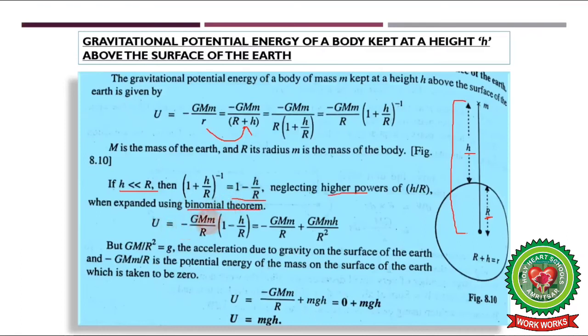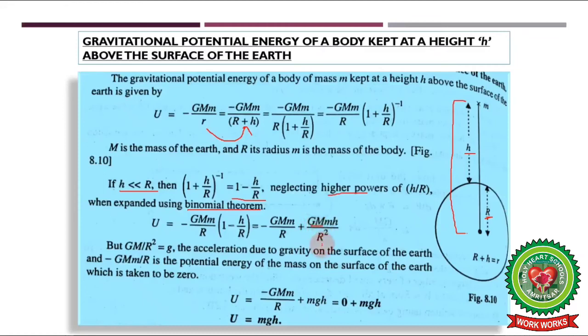So this gives us U is equal to minus GMm upon R bracket 1 minus h upon R. Now open the bracket: it is equal to minus GMm upon R plus GMm h upon R square.